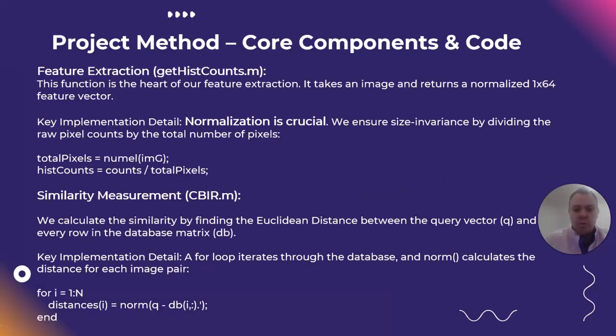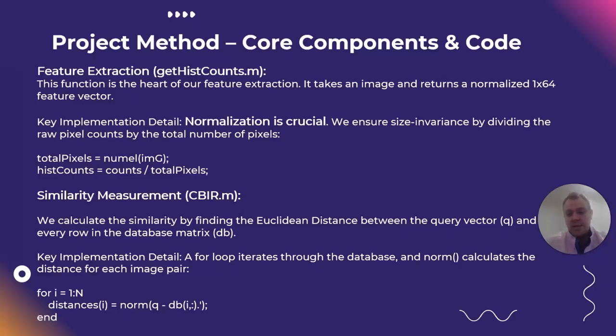So we'll get a little bit more into the core components and the code of this implementation. The feature extraction is really important. This is getting the histogram counts from the 6-bit images, for which we had our RGB2C function that converts our RGB images to 6-bit.